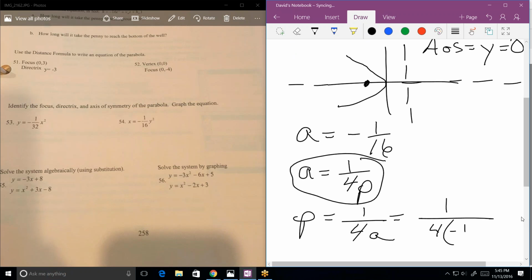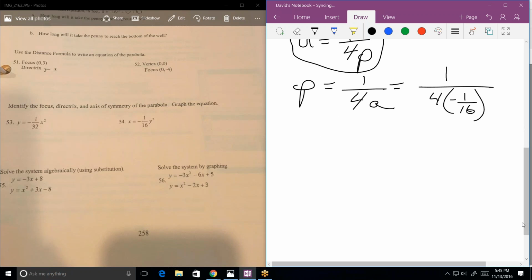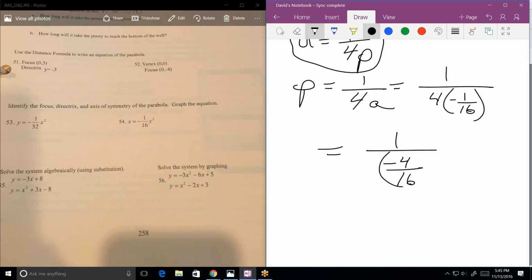A is minus 1/16. Now we just have to solve for that. So that starts out being 1 over minus 4/16. What's that equal?